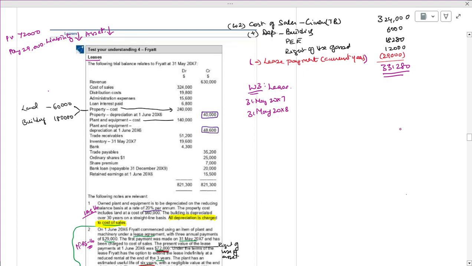Now, what is the opening balance? Which one do we have to take as the opening balance?